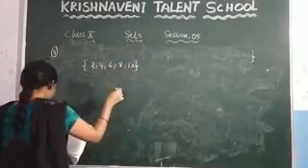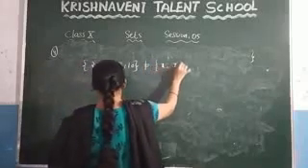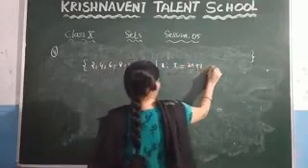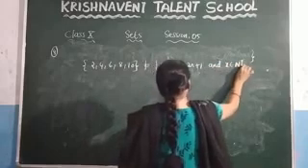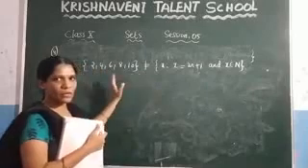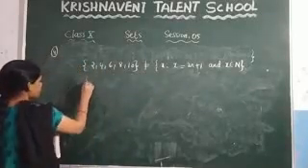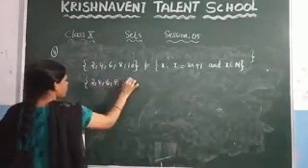This is the set given, and they said that this set is not equal to the set of x such that x is equal to 2n plus 1 and x belongs to N. Here they said that these two sets are not equal and we have to state the reason why. This set is already given in the roster form.